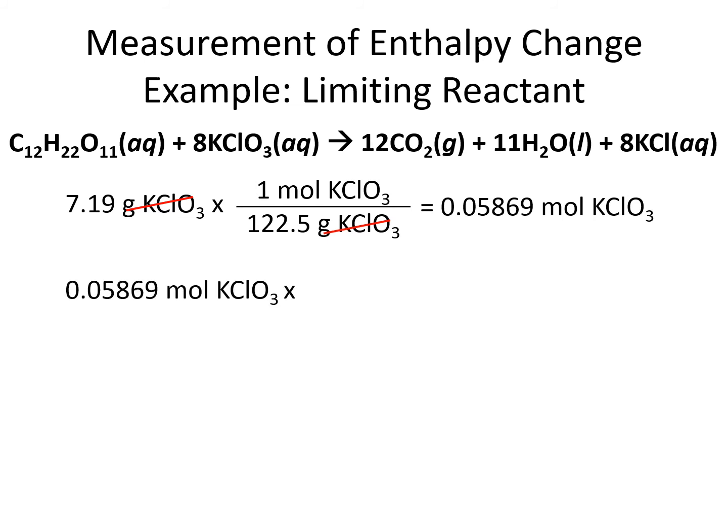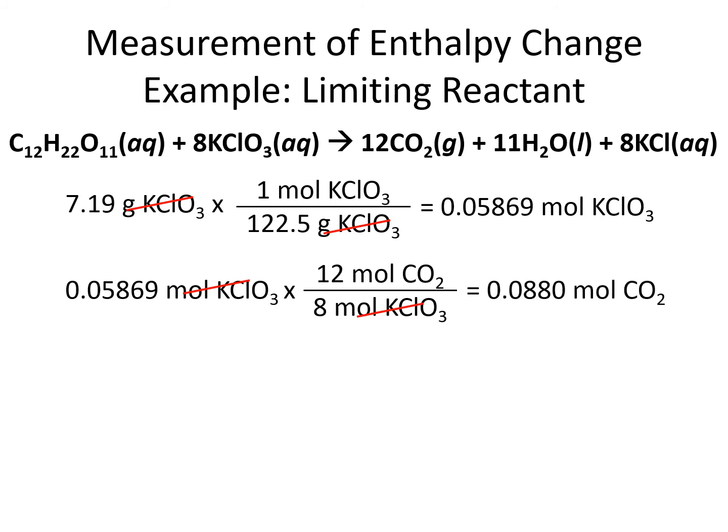Then we go from our reactant to our product, again using a stoichiometric factor. So we have a 12 in our equation next to the CO2 and an 8 next to the potassium chlorate. And notice the moles of potassium chlorate are canceling out with each other, and we're left with moles of CO2. So we come out with 0.0880 moles of CO2.